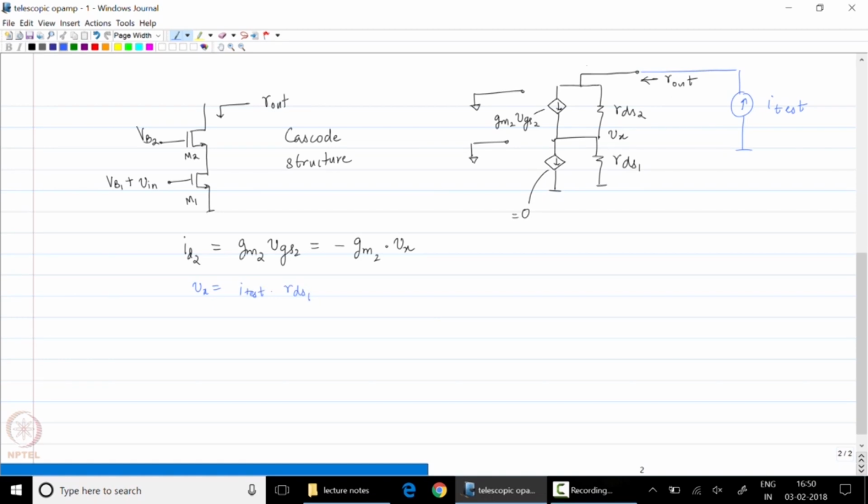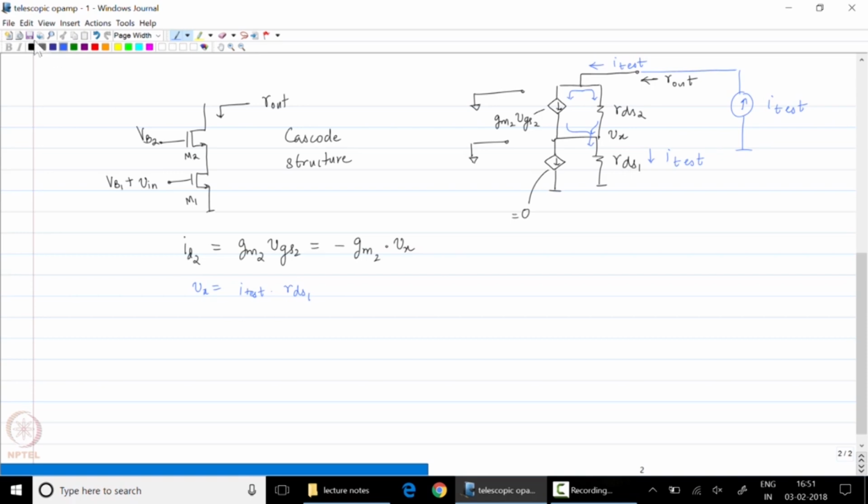This is because the current I test flows into the output node, splits between these two components, and combines back up to flow through RDS1. So the current through RDS1 is also I test. Therefore, Vx is equal to I test times RDS1.